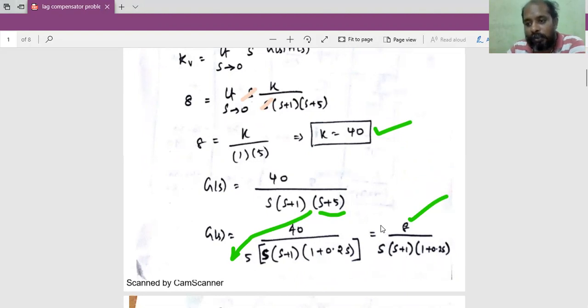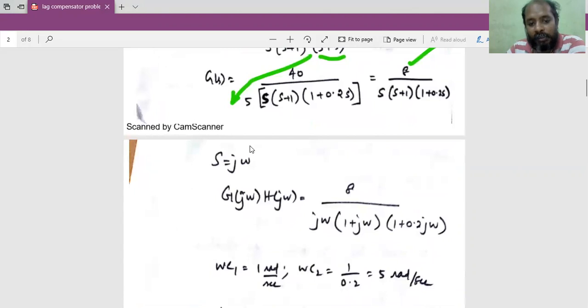The next step is to substitute s equal to j omega. So substituting s equal to j omega, your actual transfer function becomes a sinusoidal transfer function, and it looks like this: 8 divided by j omega, (1 plus j omega), (1 plus 0.2 j omega). Now you have two corner frequencies, and based on their value, we have to arrange them in ascending order.